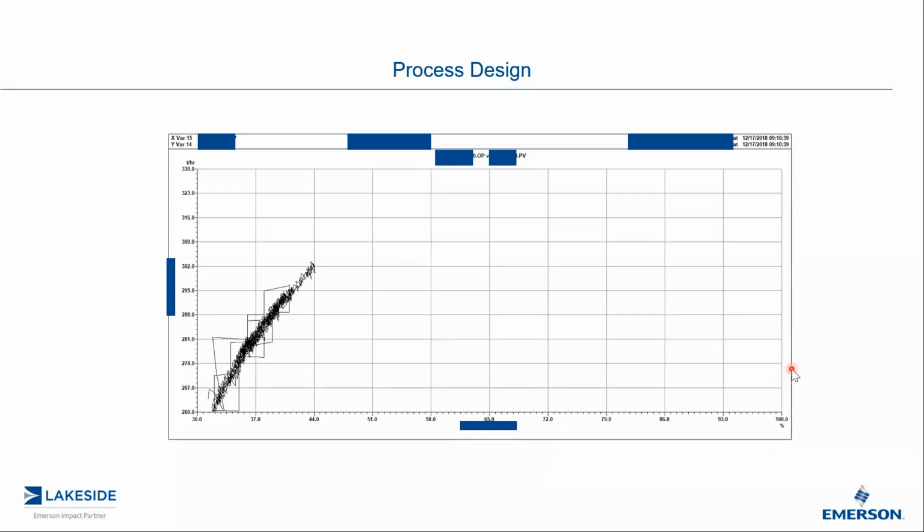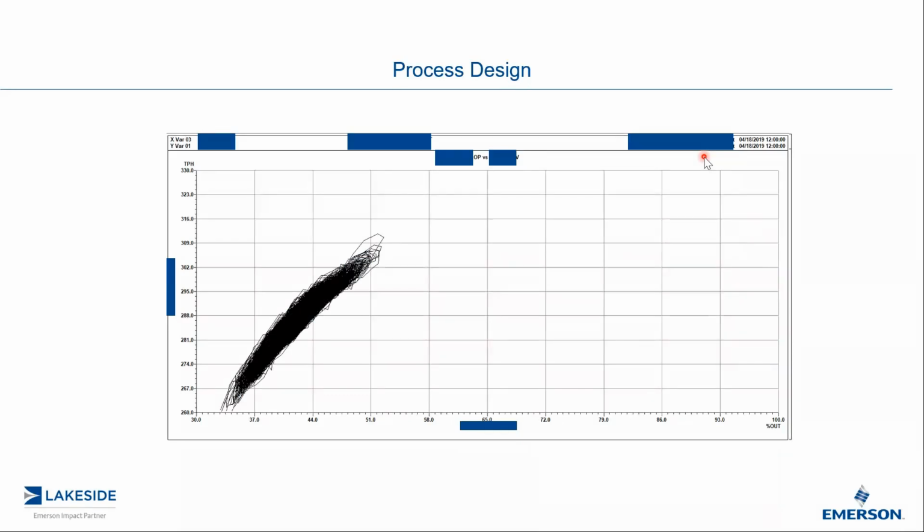What you're seeing at the bottom is the x-axis, the command signal to the valve itself, and on the y-axis is the actual boiler feed water flow. This was measured and collected on December 17th in 2018. Then I looked at it in March.